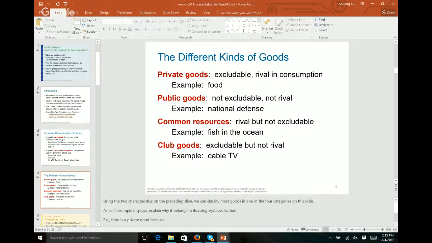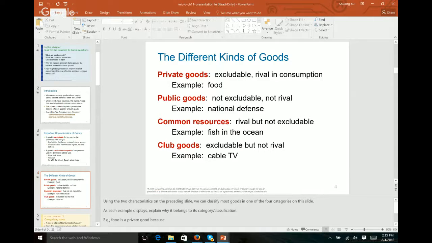Well, it doesn't work that way, because I also share the quality of consumption. So a public good is one where you cannot exclude somebody from consuming the good, and you also don't have any congestion problem. As long as you are protected within our border, it doesn't matter how many people are in the border. Therefore, it is not rival in consumption.